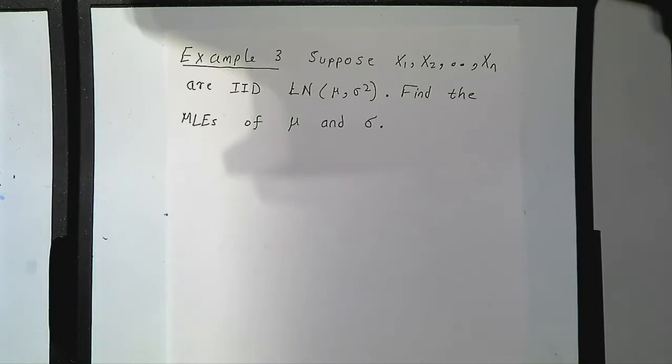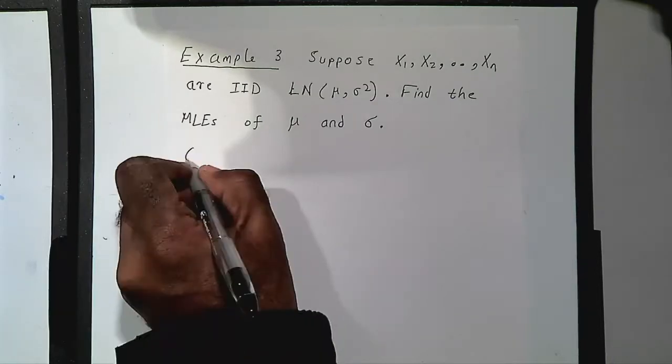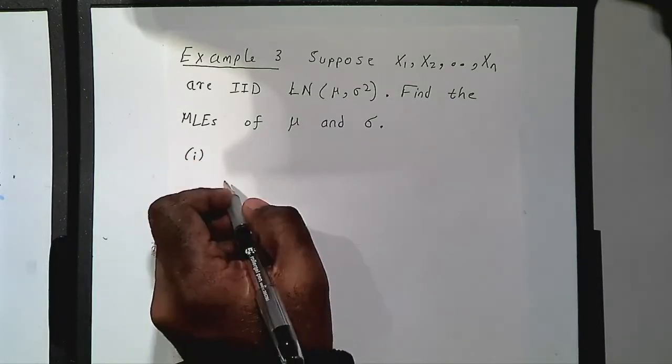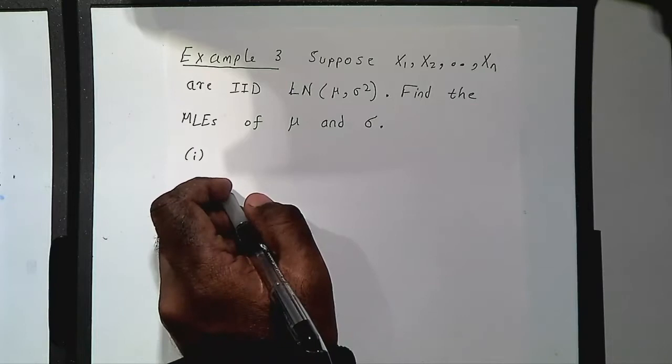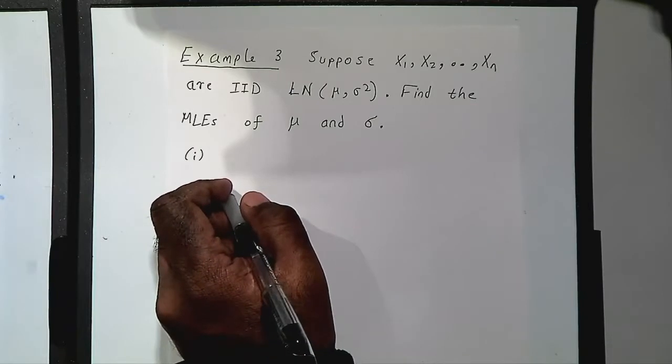That you have a random sample from ln. Ln is the log normal distribution with parameters mu and sigma squared. We want to find the MLEs of mu and sigma, right? I'm sure you guys have seen the log normal, right? Oh yeah, yes.